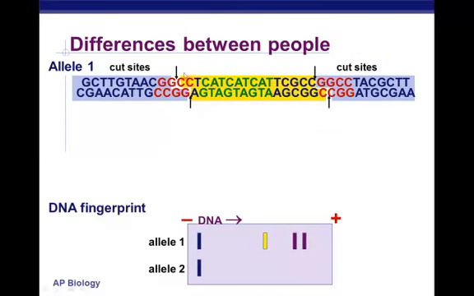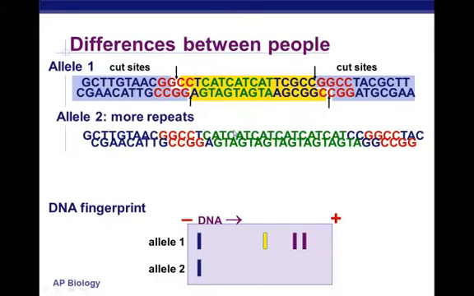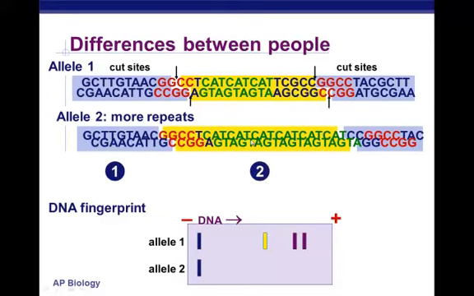Comparing between people, if you look at this repeat area, and I compare the DNA from another person that has more repeats, their fragments are going to be a little different sizes. These restriction sites are going to cut in the same place, but this center fragment is going to be a little bit bigger because there are more repeats here.